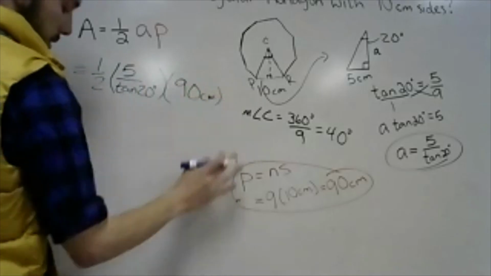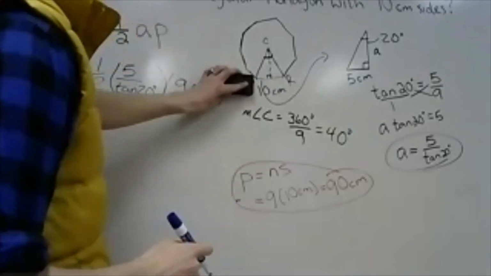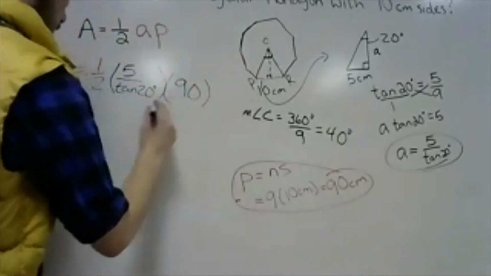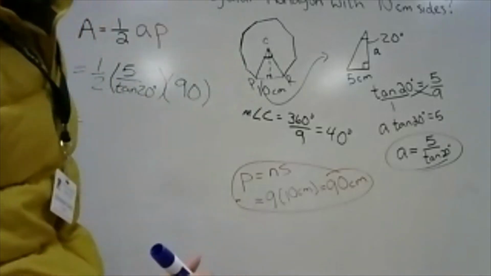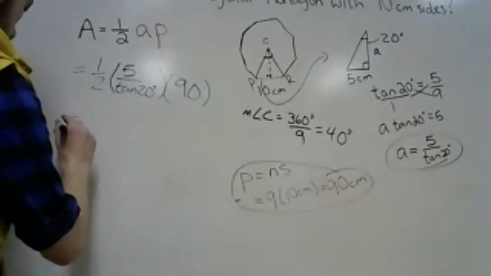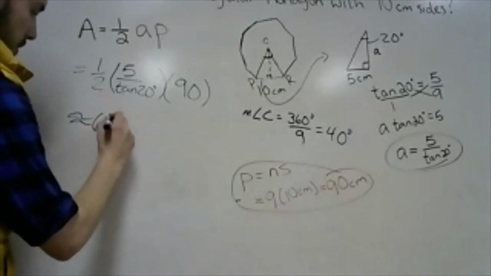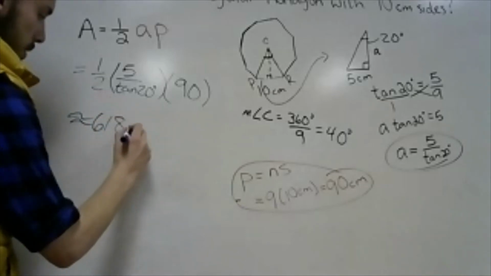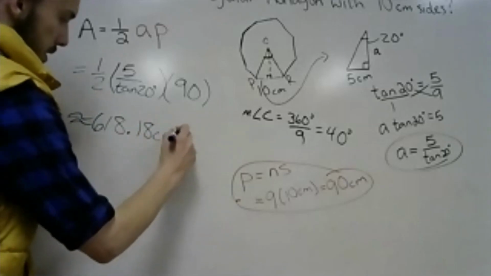And these are both centimeters. When we multiply that out, we're going to get a value of about 618.182. I'm going to put that as an approximation, about 618.18 centimeters squared.